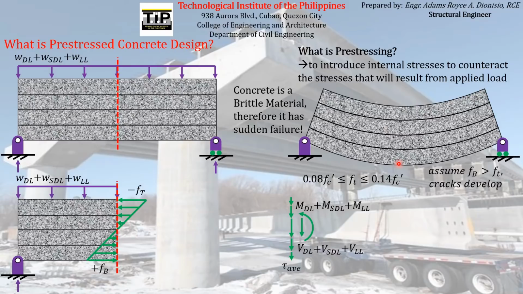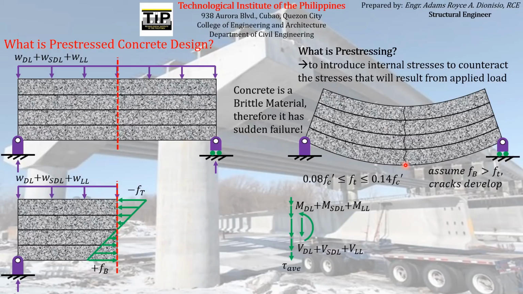So cracks will form and will look something like this. Cracks will form starting from the bottommost part where the tensile stress exceeded the tensile strength of the concrete, and then it will easily propagate up to the topmost fiber of the concrete, therefore resulting in failure of the concrete beam. So you can imagine that the concrete beam will be divided into two segments, left segment and right segment. They will break off if cracks develop at the bottommost fiber.